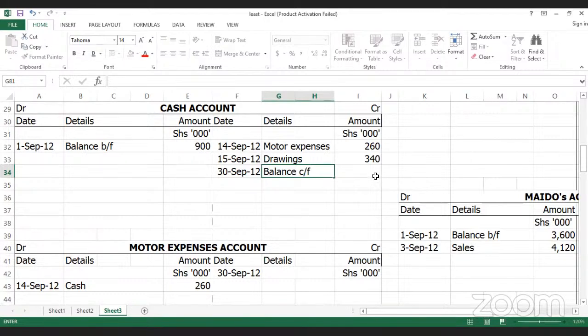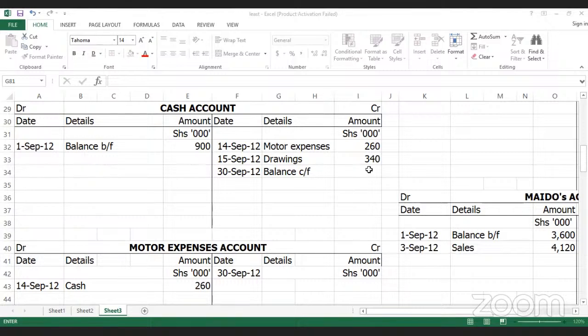So how much do you think is the balancing figure in this account? How much do we have to insert here to make both sides equal? $300,000.